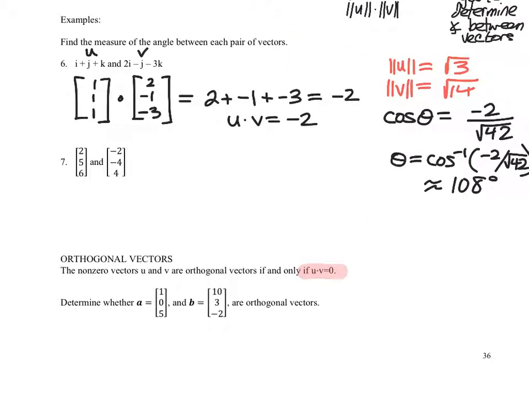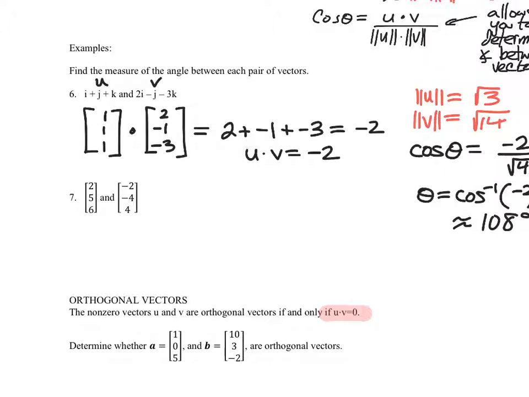So on the next page, we had to find the measure of the angle between vectors. We did the one problem, but I left another problem for you to do. We're going to call the first vector u, and the second one v. Essentially, in order to find the angle, we need really three unique things.